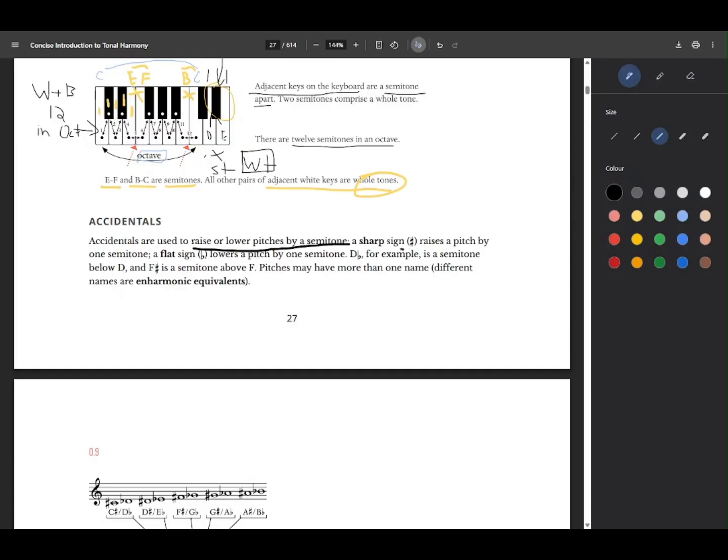A sharp sign, important term, just this little hashtag kind of shape, raises the pitch by one semitone, and a flat sign, another important point, this kind of B shape, is lowering the pitch by one semitone. D flat, so we write that as our letter name D and a little flat sign up in the corner, for example, is a semitone below D.